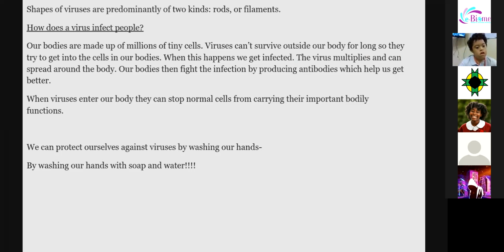Our bodies then fight the infection by producing antibodies, which help us get better. However, not every virus will be affected by antibiotics. Some viruses have antibiotic resistance.